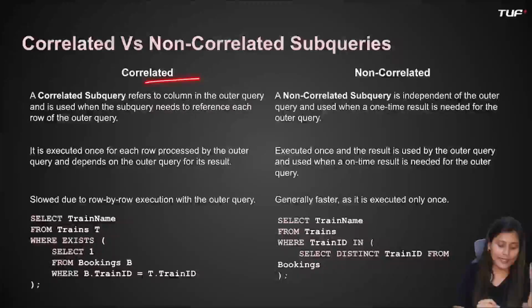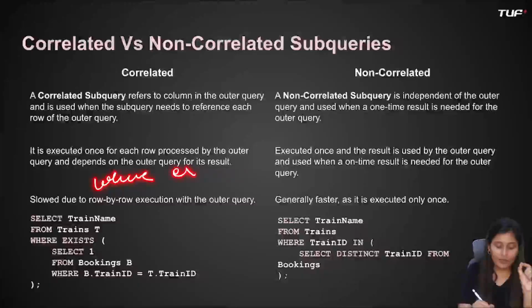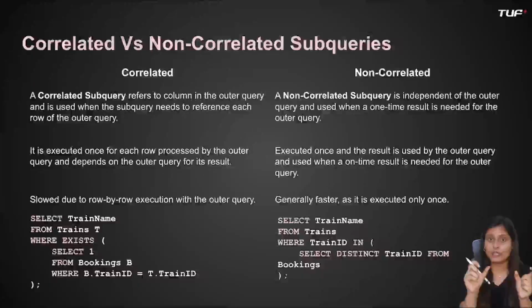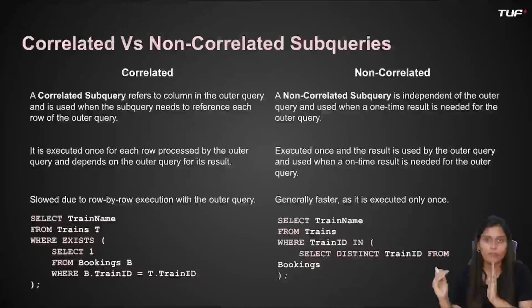In the case of correlated, it is executed once for each row processed by the outer query and depends on the outer query for its result. That is how you saw in the EXISTS, right? We were checking whether the train ID is there in the bookings table and the trains table or not. After every result, the subquery was waiting. It gave true or false.